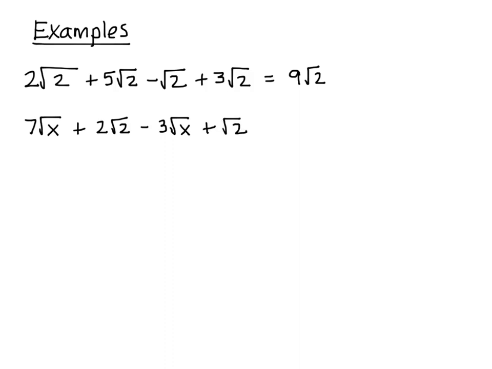Now if I have a variety of things, the square root of x and the square root of 2, I can only add the square roots of x together and the square roots of 2 together, so I get 7 minus 3 is 4 times the square root of x, and then 2 plus 1 is 3 times the square root of 2, similar to the one that I had on the previous slide.